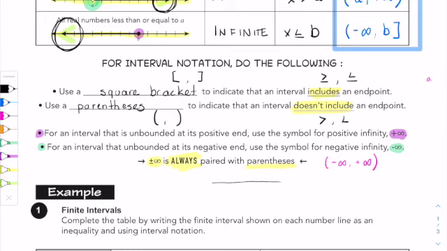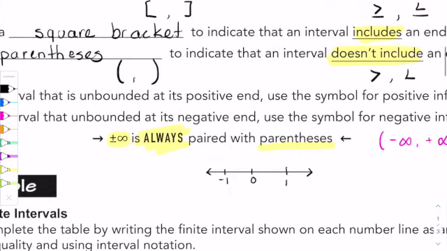If I draw a quick number line, just note that negative infinity is always to your left or heading towards the most negative numbers you see, and positive infinity is always towards your right or heading in the same direction as your positive numbers.